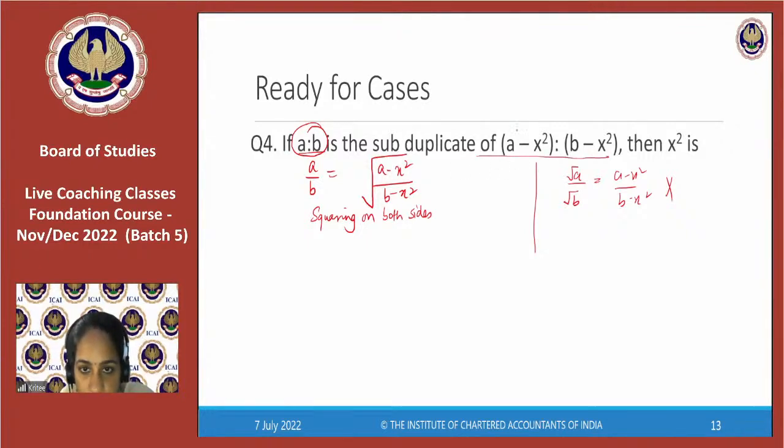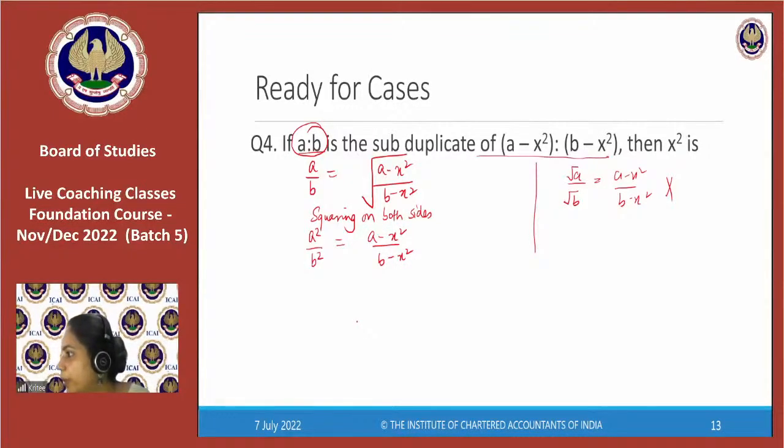So we need to subduplicate this particular ratio, A minus x square and B minus x square. While subduplicating it, we do the square root. So we will be squaring on both sides. Squaring on both sides means A square upon B square, and the squaring of a square root gives you the number itself.